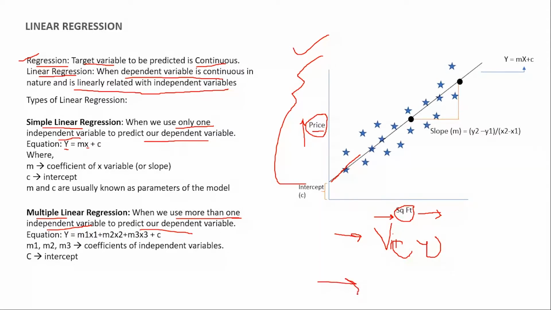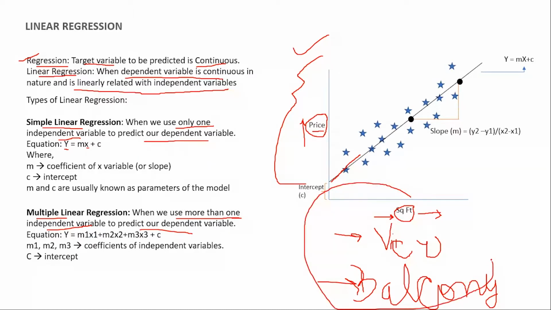I will also have the number of balconies. If I have two balconies, or three balconies, or zero balconies, based on that also my price will vary. Using these three variables, I will be predicting the price of the house. So such problems come under multiple linear regression problems.